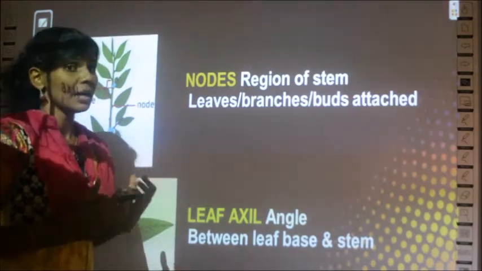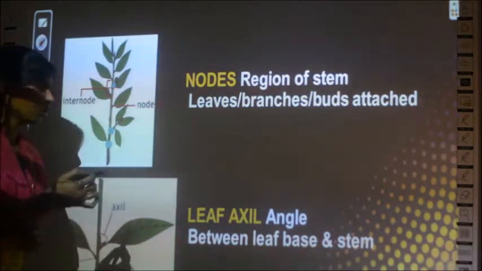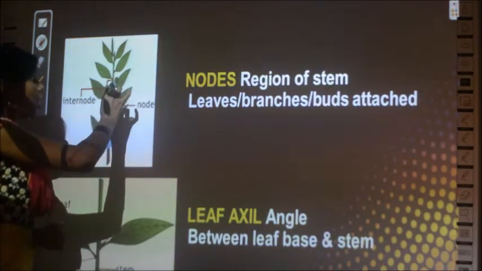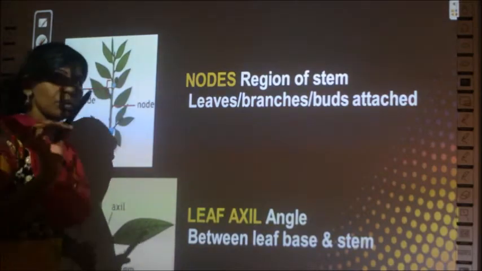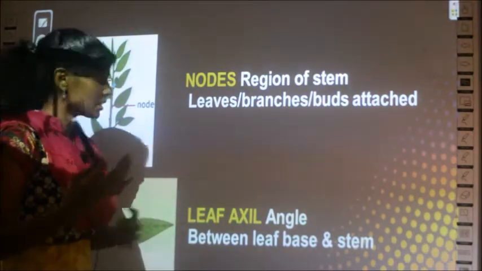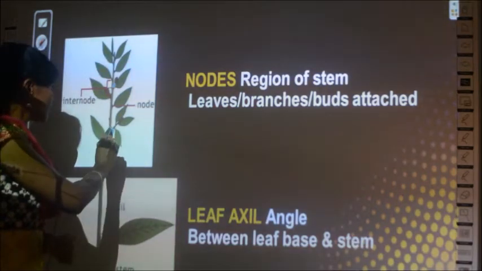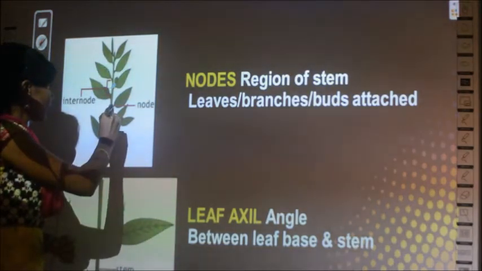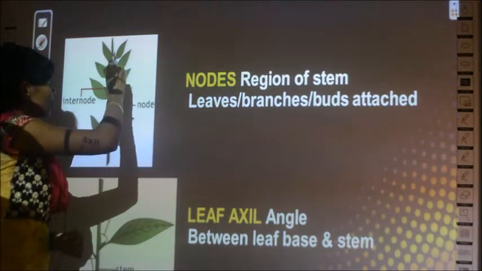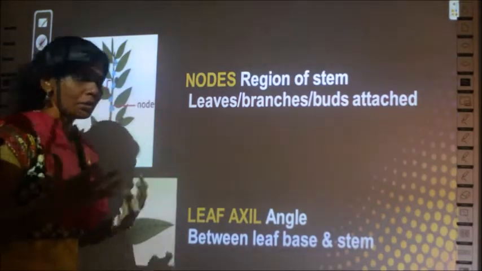Clear? So at some portions of the stem alone either a leaf is attached or branches are attached or buds are attached, and those portions of the stem are called nodes. This is a node, this is a node, this is also a node. So these are all nodes. Which are not nodes?